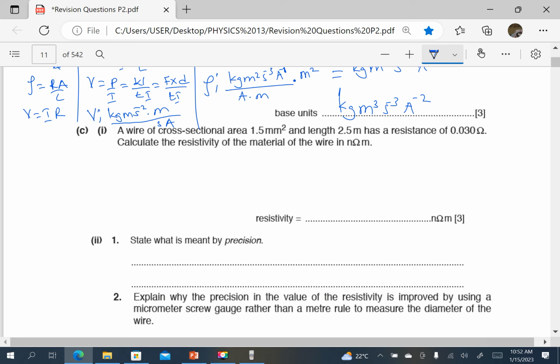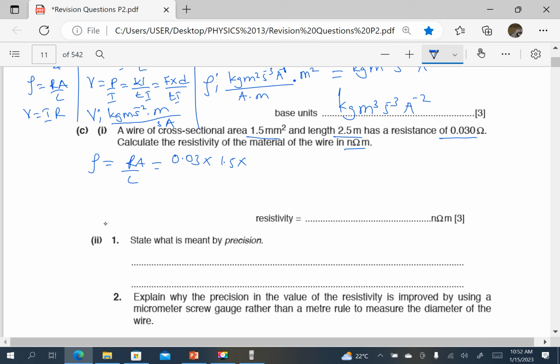A wire of cross-sectional area 1.5, length 2.5 meters, resistance 0.03 ohms. Calculate the resistivity of the material of the wire in nano ohm meters. We have seen resistivity is R times A divided by L. I substitute. R is 0.03. Cross-sectional area is 1.5.